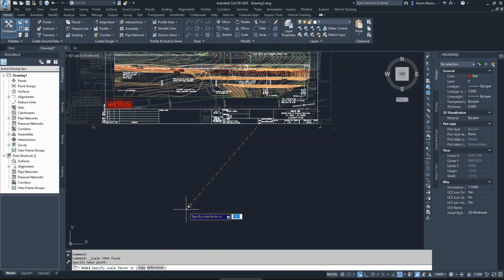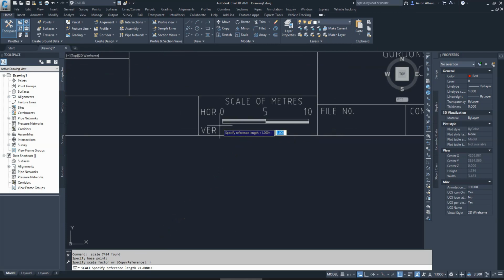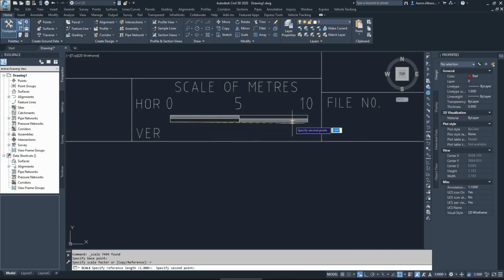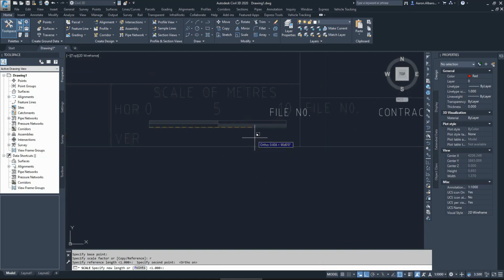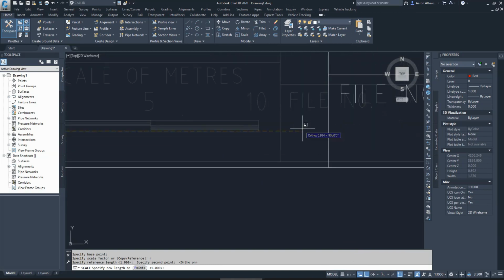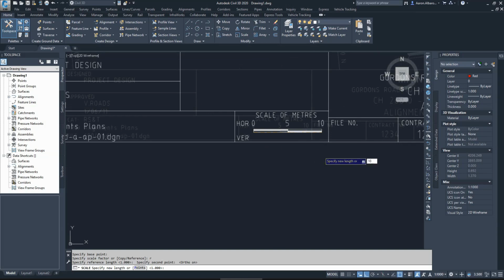If I press R and enter, it asks me for my reference. I'll say I want from this point to that point. Here it's completely horizontal, but just to make sure, I always prefer to click on Ortho to be sure I'm horizontal. So from that point to this point here, and I know this measurement should be 10 meters, so I enter just 10.